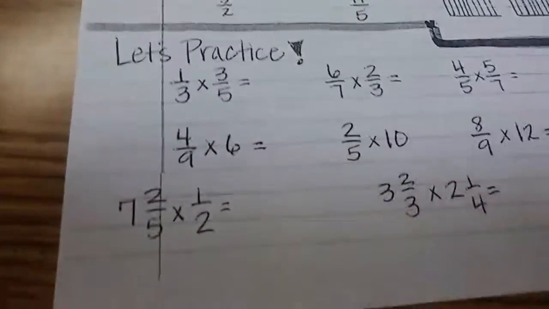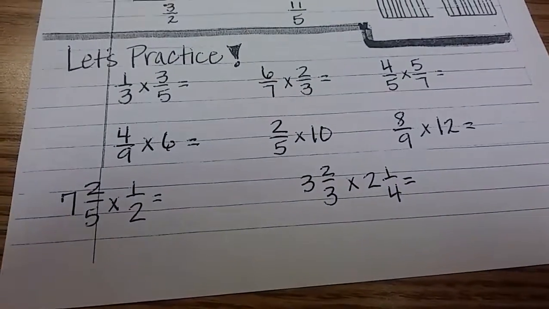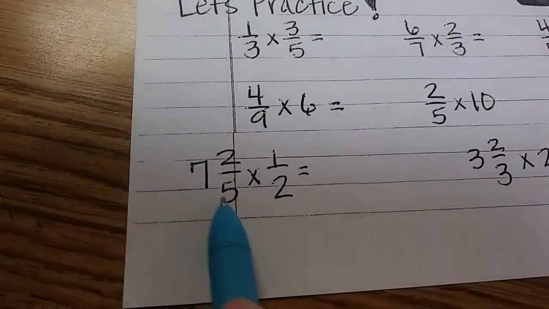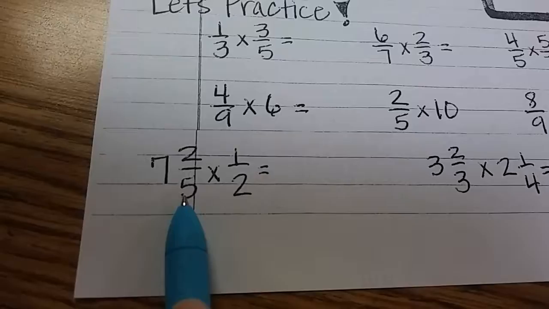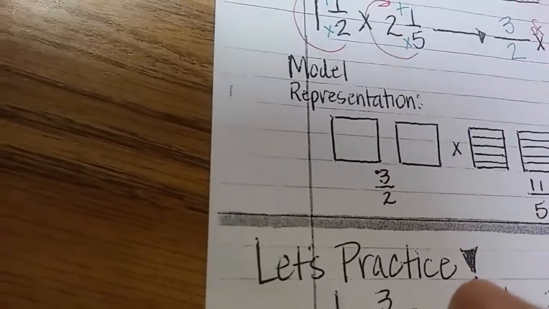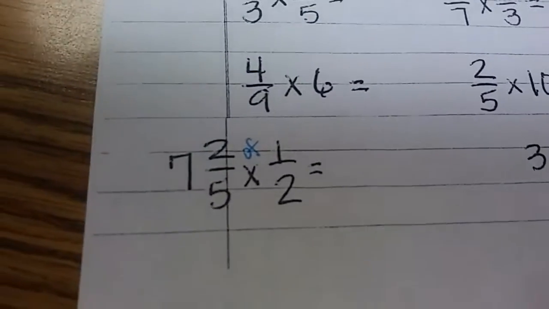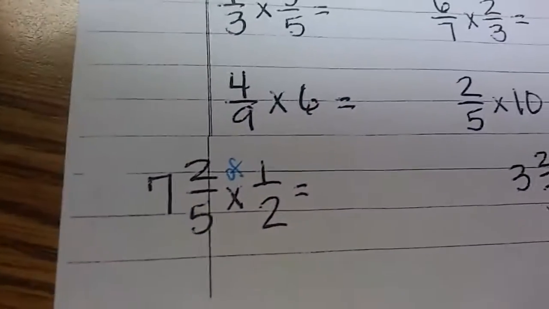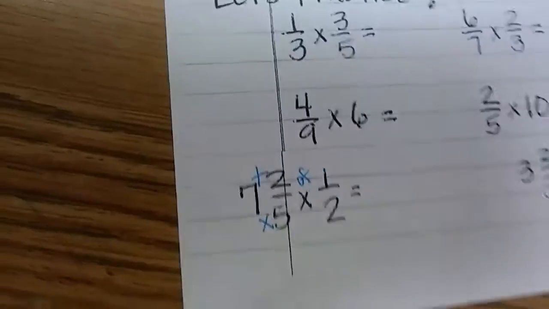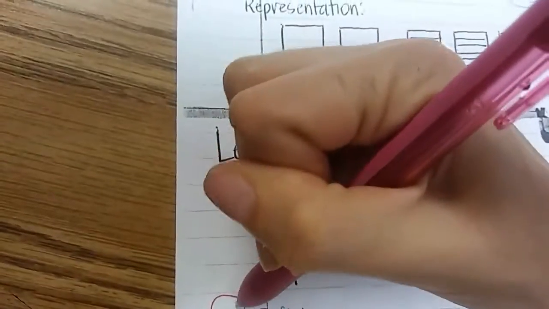Let's look at the bottom. Let's look at this one. Okay, so let's do this one together. 7 2/5 of 1/2. Okay, first we're going to go around Texas. Here's my Texas. Sorry, I'm holding my phone. It's super awkward.